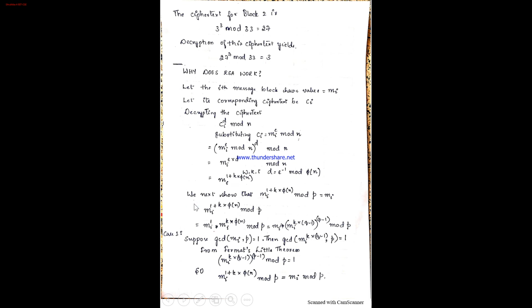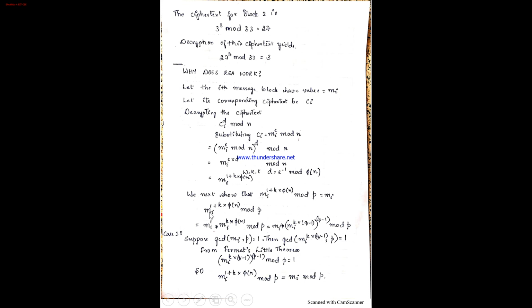Okay, we next will try to show that this message to the power of 1 plus k into phi of n mod p is equal to mi. On taking mod p, see, two cases we'll consider.